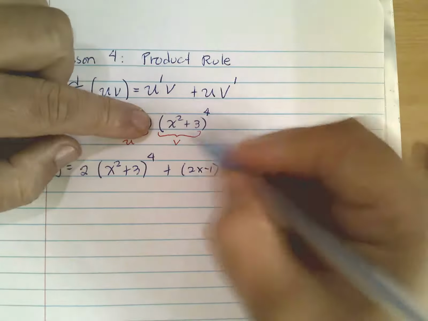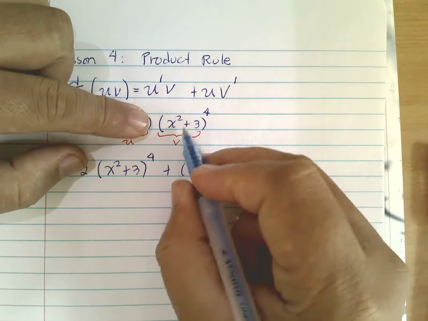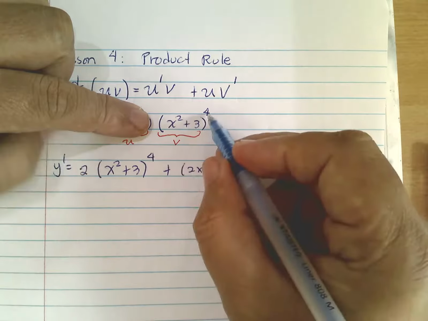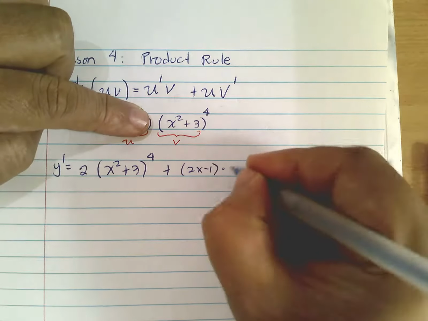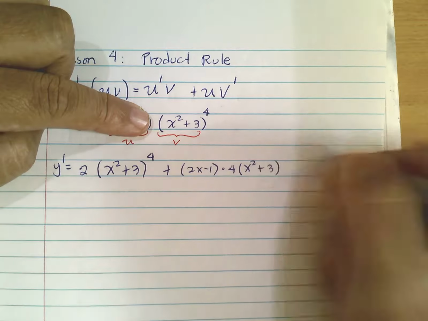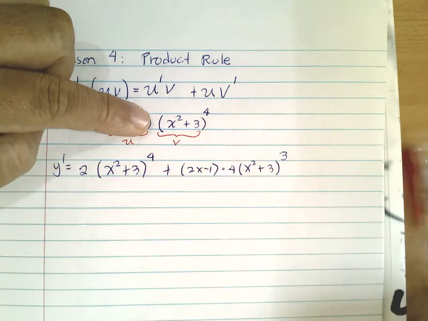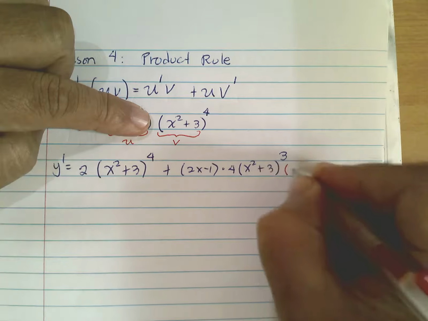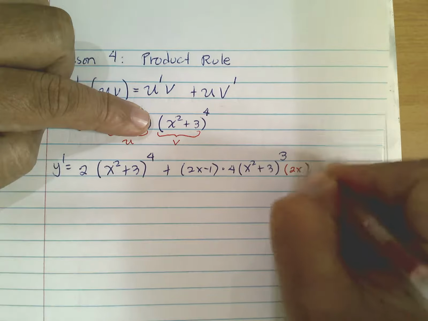The derivative of this is a chain rule, because you have a function raised to some number. So that is 4 times (x squared plus 3) raised to 3, multiplied by the derivative of the inside, which is 2x plus 0.